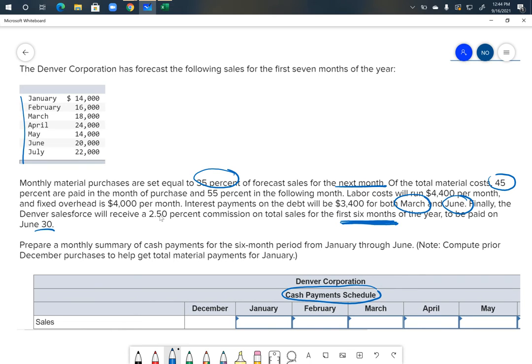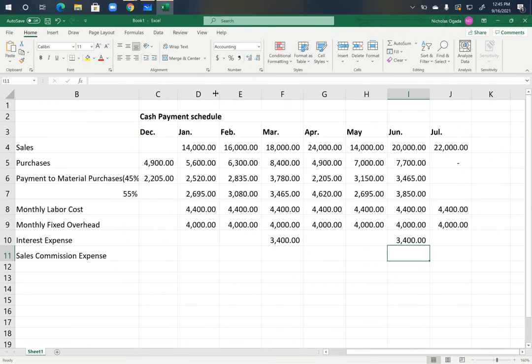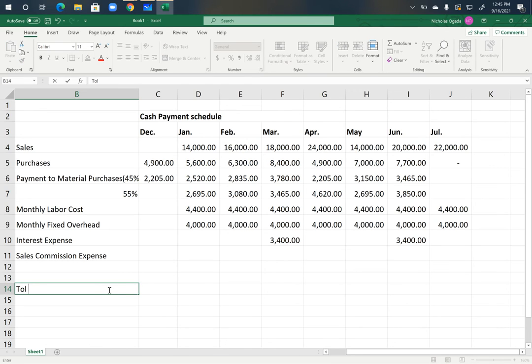The sales commission is given, and we were told the sales commission is 2.5% commission on the total sales for the first 6 months of the year. It is paid on June 30th. Again, remember, it's not 7 months, it's 6 months. So we need to determine our total sales for January, February, March, April, May, June, right?